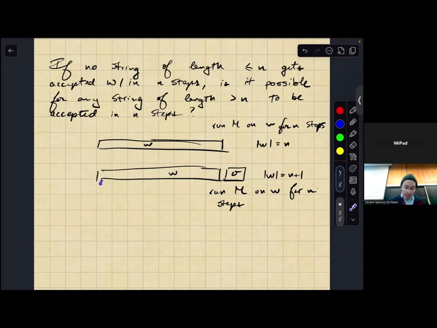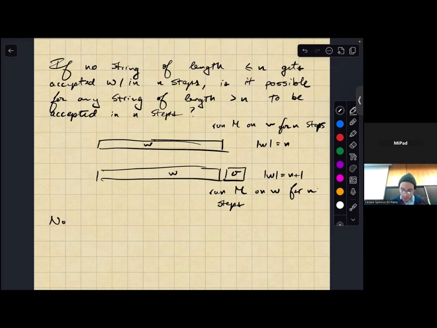So in the worst case I'm running through the entire string and I stop here, and because I didn't accept this string, it's impossible for me to say, well, I know that there's a sigma ahead, but I'm not going to do a computation and I'm going to accept. You can't magically guess that there's probably something that's going to lead to an accept there. So that's why the answer in this case is no, this is impossible.